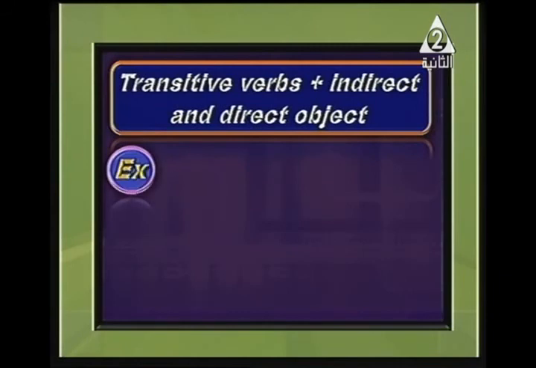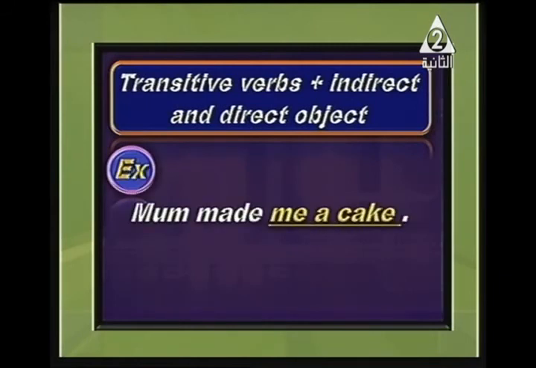Okay, let's see another one. Mom made me a cake. Fine. If I asked you a question, where is the direct one? Yes, excellent. The direct object is a cake. Where is the indirect object? Yes, excellent. Me. She made me a cake.